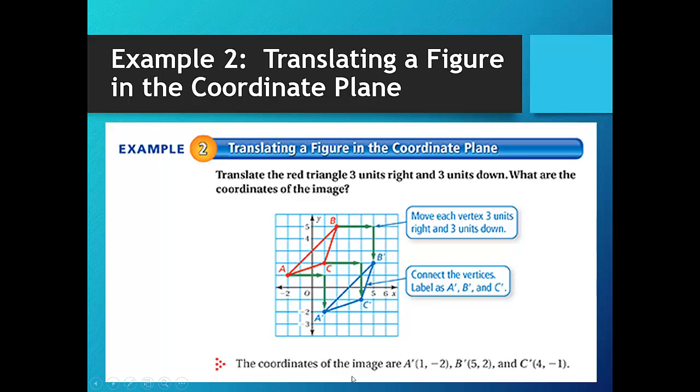So the coordinates of the image are A prime is at (-1, -2). B prime is at (5, 2), so we go over 5 and up 2. And then C prime is at (4, -1). So for C, we would go over 4, down 1.